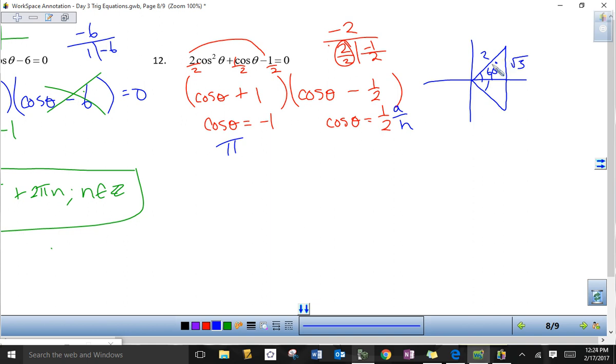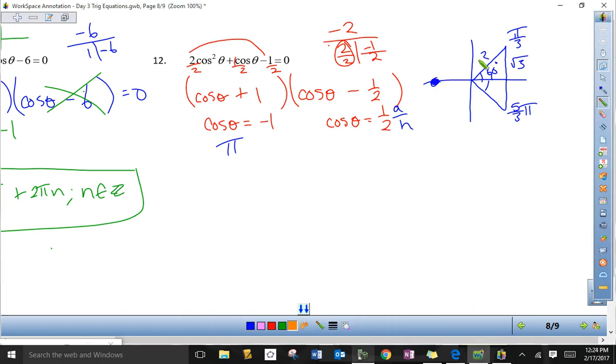Now, if it's a 60-degree reference angle, then this is pi over 3, and this is pi over 3 shy of 2 pi. So 2 pi minus pi over 3, or 2 minus 1/3, is 5/3 pi. Now, for the benefit of looking for patterns, I'm going to go ahead and draw this solution on as well.